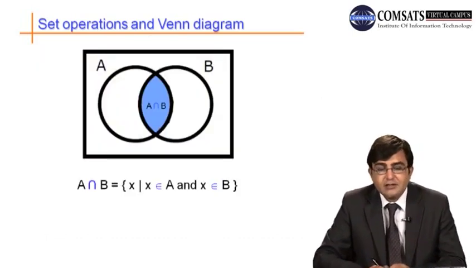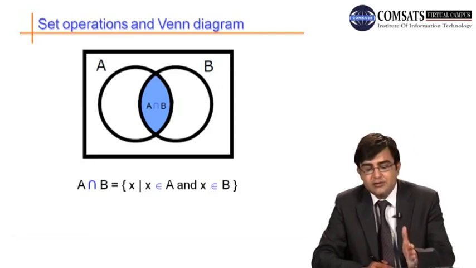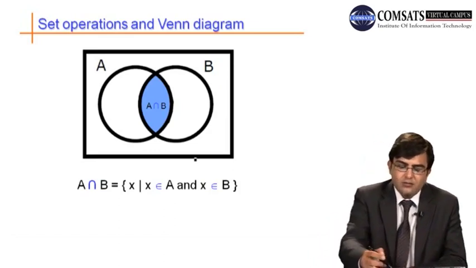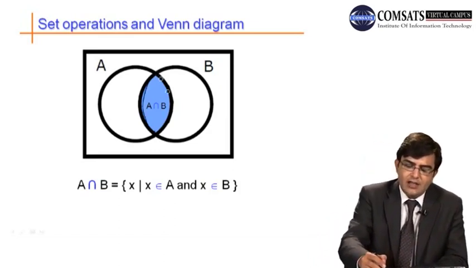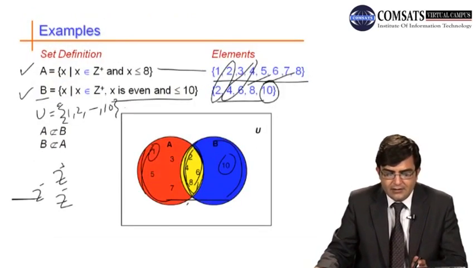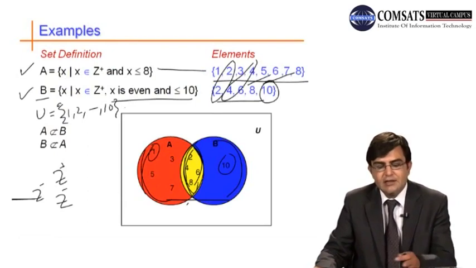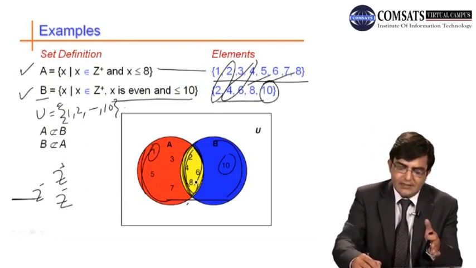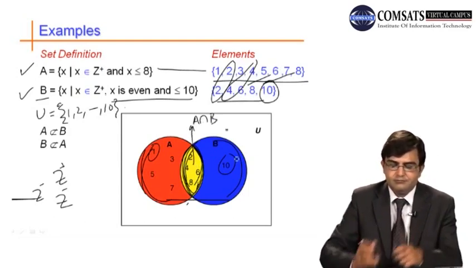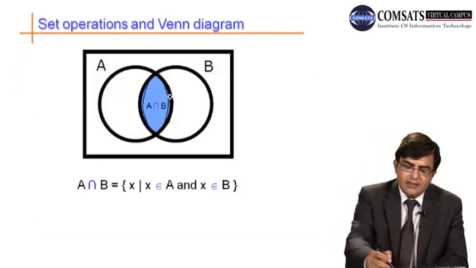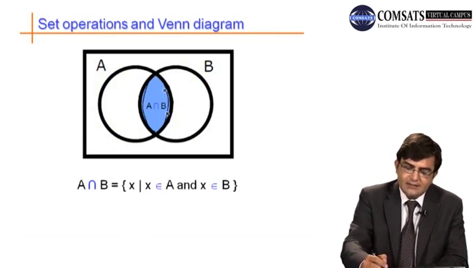So in set operations using Venn diagrams, how do we express the intersection? We construct a common region, as we have seen in this example. This region is A intersection B. We express intersection like this.